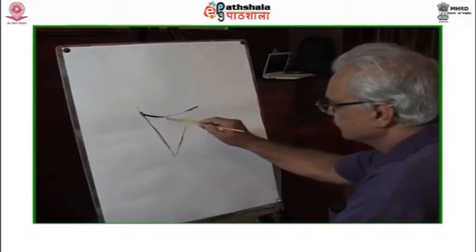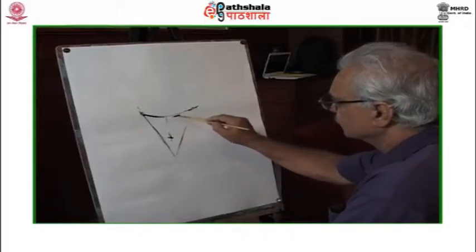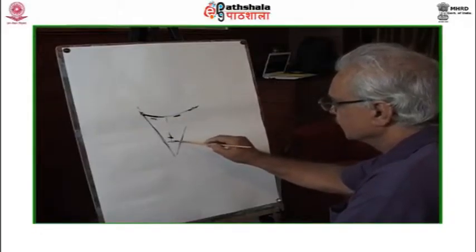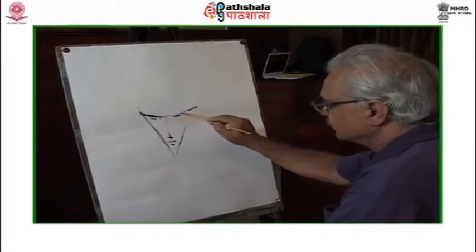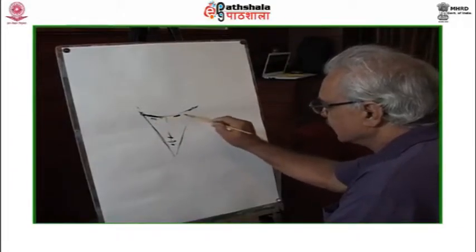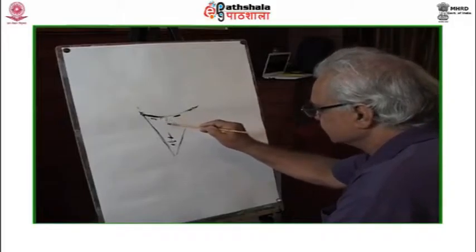Consider the top horizontal line of the inverted triangle a mark for placement of eyes, and the tip of the triangle as the chin. Place the nose and mouth in the triangle accordingly.